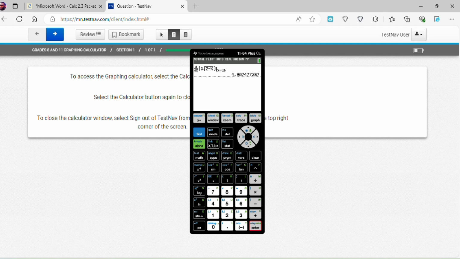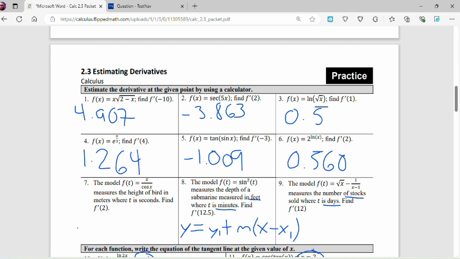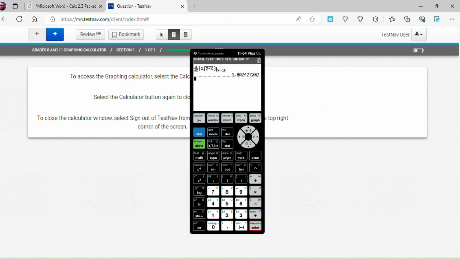We get 4.907. Something that I mentioned in the video before it got corrupted was that in calculus, you're going to truncate, which means you cut every number after the third decimal. So if we truncate this right here, we're going to get 4.907. So you stop after 3 decimals. The other way, which is acceptable as well, is to round.